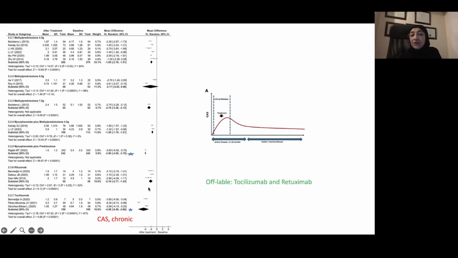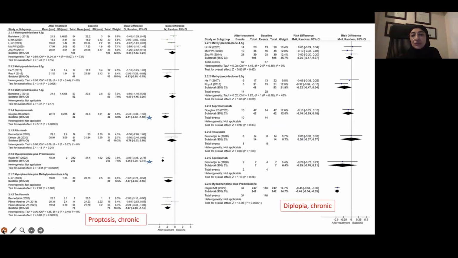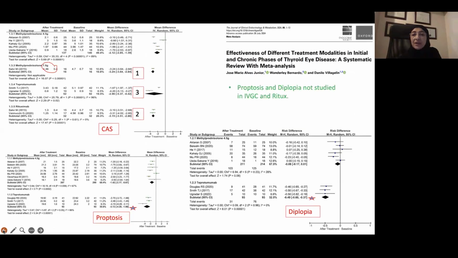Again, if you have chronic activity of the disease, mycophenolate is the agent that was shown here to be associated with decreased outcomes. Remember that proptosis and diplopia were not studied in IV GC and rituximab patients.